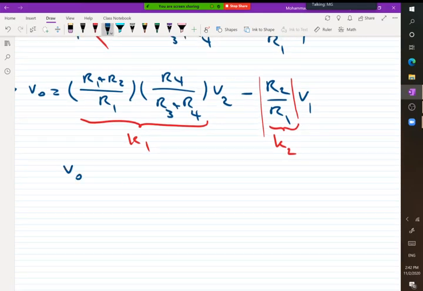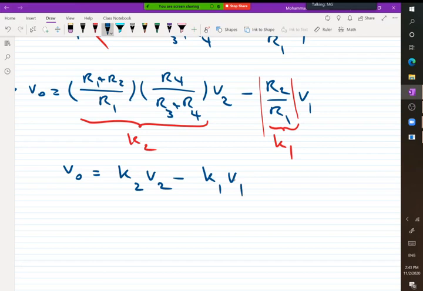VO is equal to K1 V2 minus, let's just switch these names, so let's just call it V2 K2 K1. Okay, no matter, it's just labeling. It's not a big deal. So we can say it's equal to K2 V2 minus K1 V1.